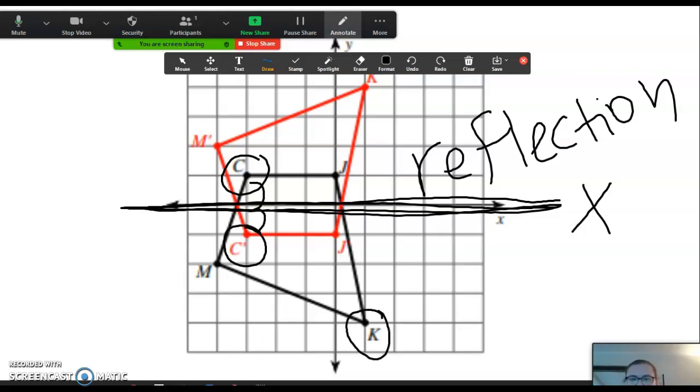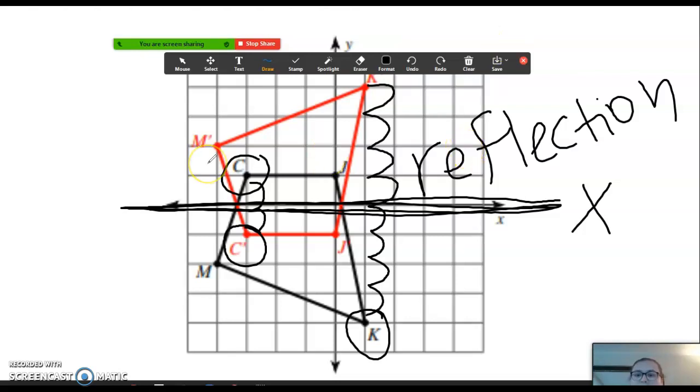Point K is 1, 2, 3, 4 units away from the x-axis. Again, when we do a reflection, if it's going over the x-axis, the y value will change. If it's going over the y-axis, the x value will change.